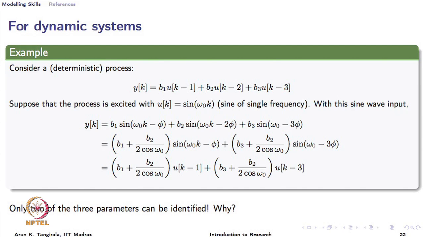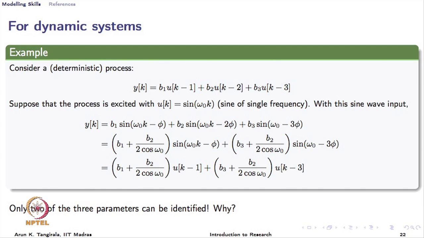You will find that the matrix is singular in the first case, when you use a single-frequency sine wave, and it is non-singular or full rank when you use at least 2 frequencies in the sine wave. All right. So, for dynamic systems the story looks different, but the bottom line is the same: have sufficient information in the data.